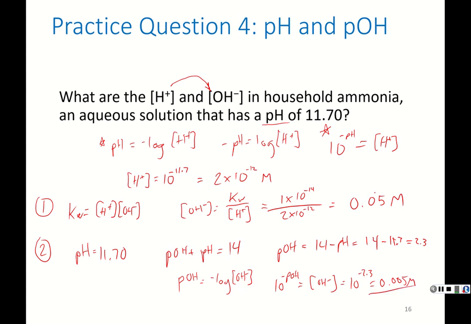Okay, and there's a typo there. Sorry, this up here for part 1 should have been 0.005 molar, because these methods should give you the same answer. So on an exam, pick whichever way makes more sense to you, but they are equivalent.